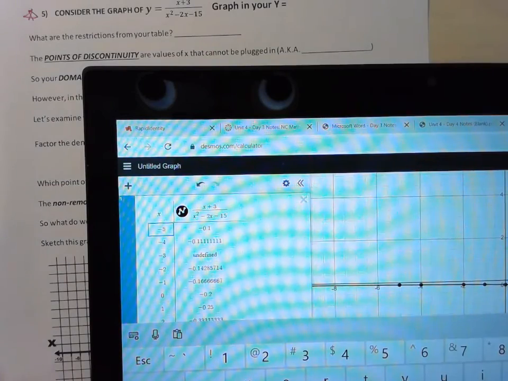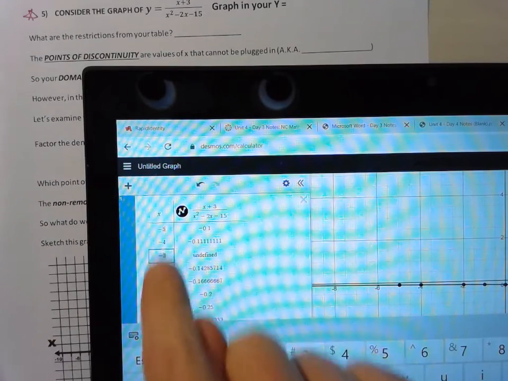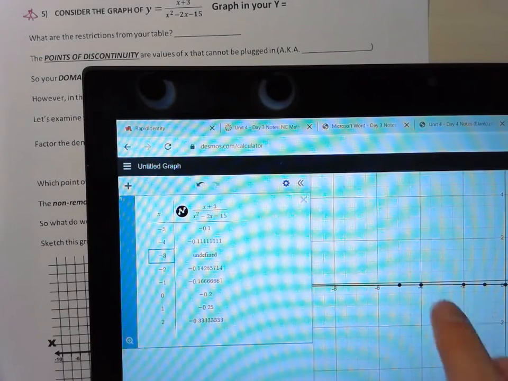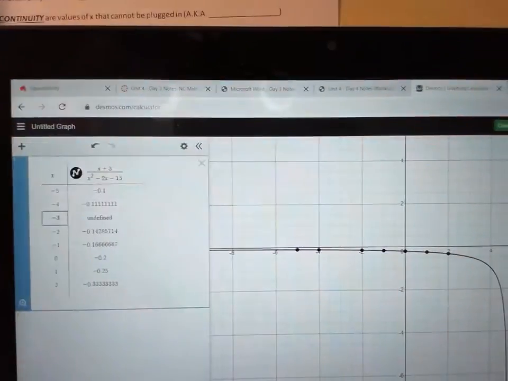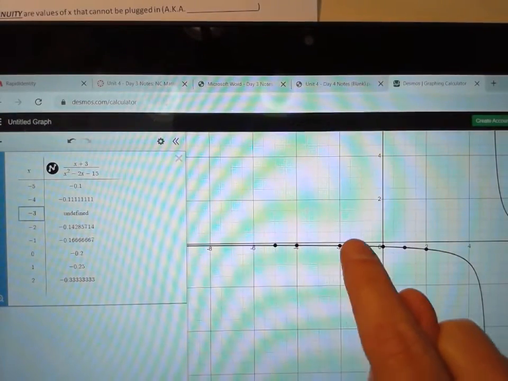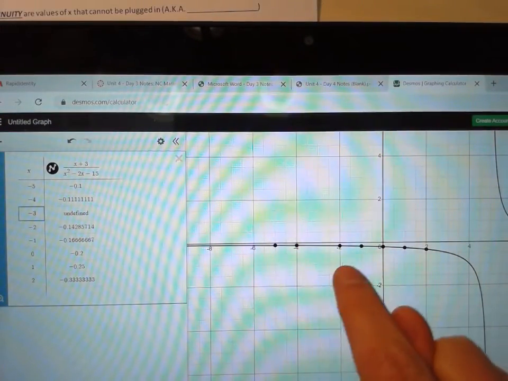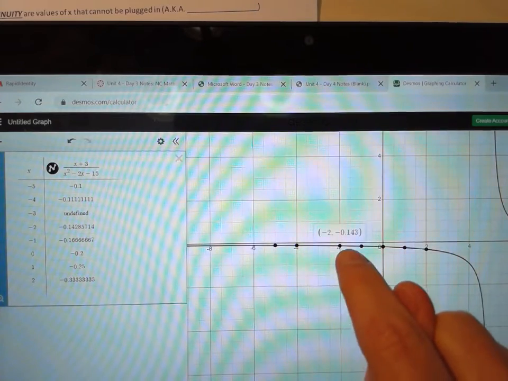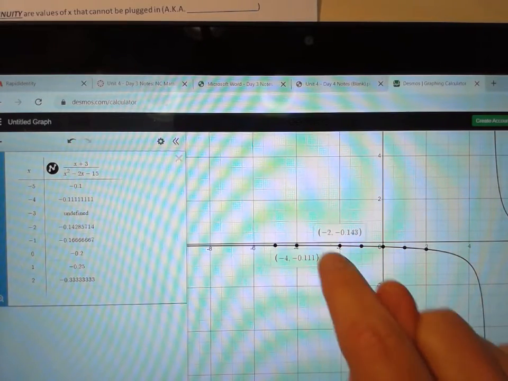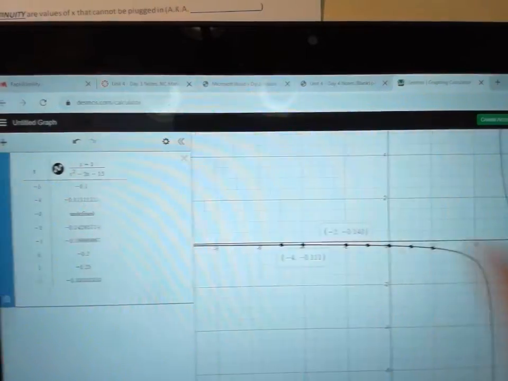Sometimes you have to go higher in the negatives, and sometimes you have to go down further. But you'll see at -3, it gives me an undefined point right there. Notice that one of the points is kind of basically hopped over. So at -2, it gives me a value. At -4, it gives me a value, but it doesn't give me a value at -3.